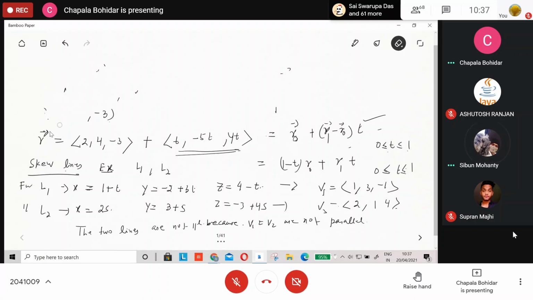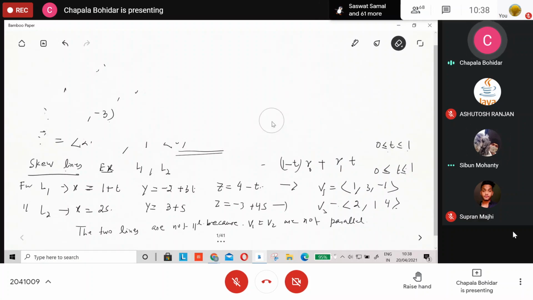Ma'am, if they are not parallel, then they will intersect at some point. They may, they may not. Let us see that question. What is the question saying? We can check. We can say that they may intersect, or may not.